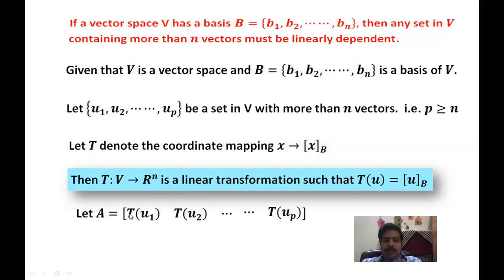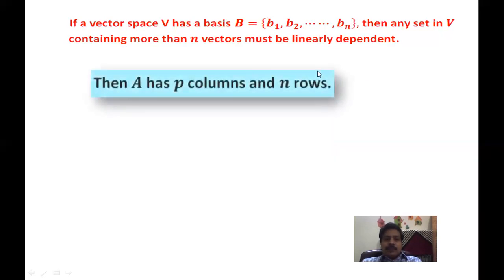Now each of T u1, T u2 and so on up to T up are all column matrices with n rows. So they are n by 1 matrices, n rows and 1 column. Since our basis has n vectors, then A has p columns and n rows.